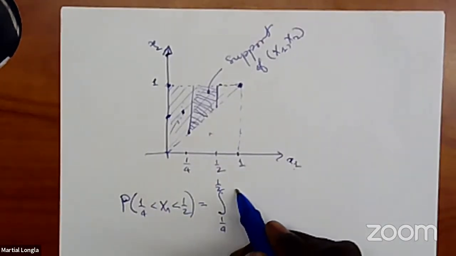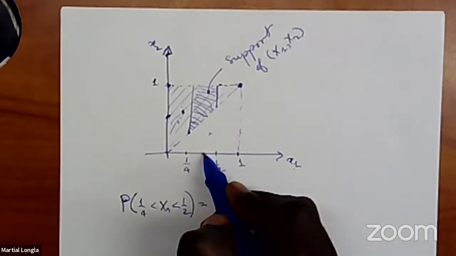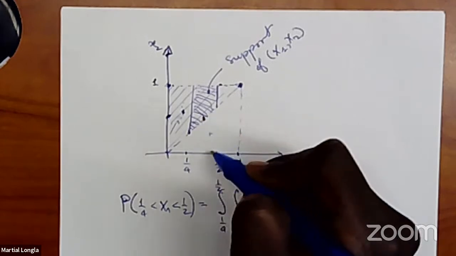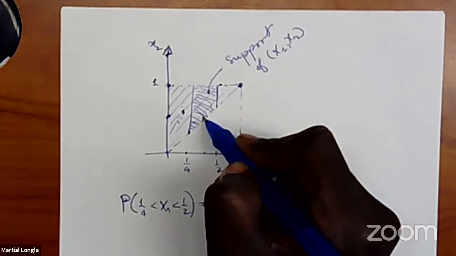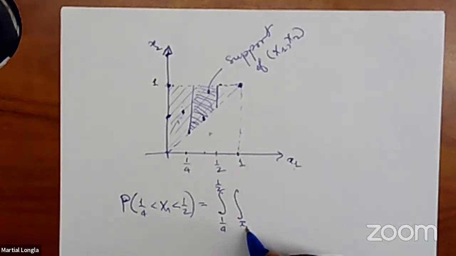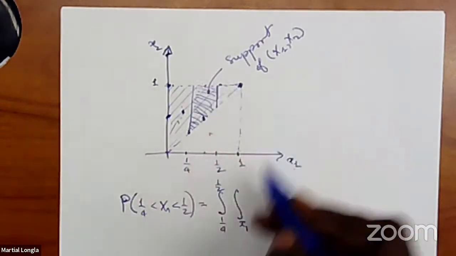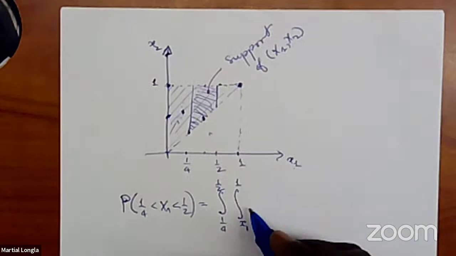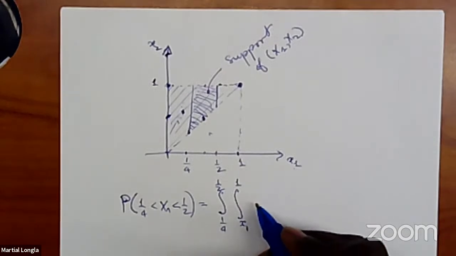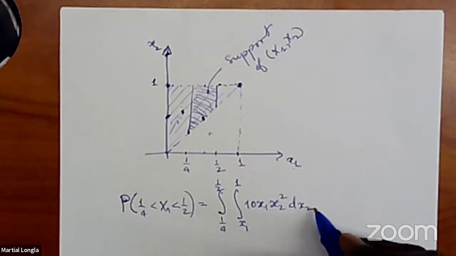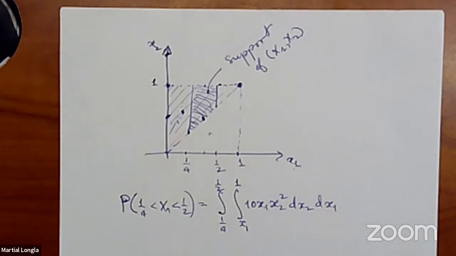Whenever x1 is fixed, x2 goes from this value, which is x1, to that value, which is 1. And then the density is that guy, 10 x1 x2 squared, dx2 and then dx1.